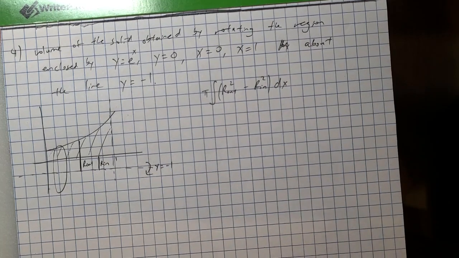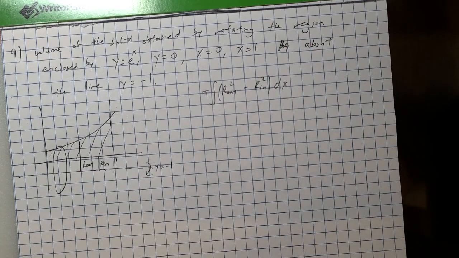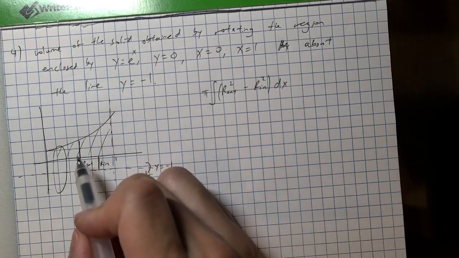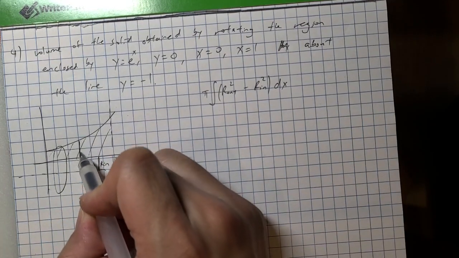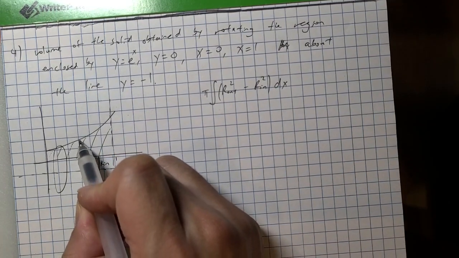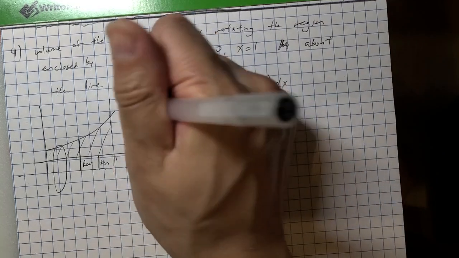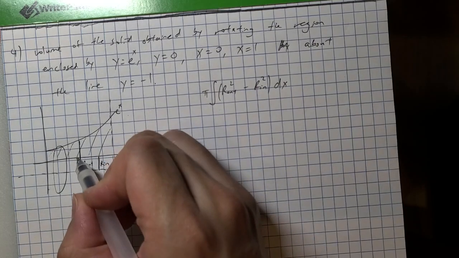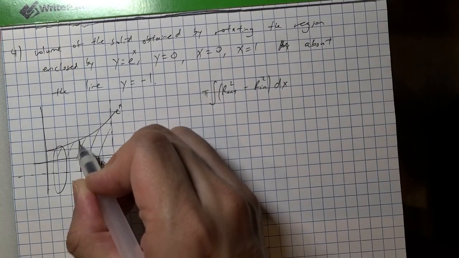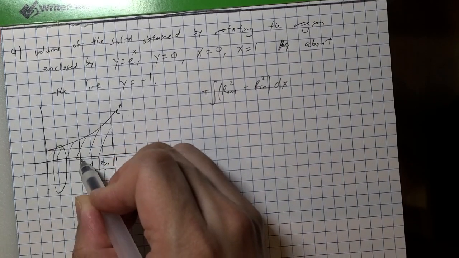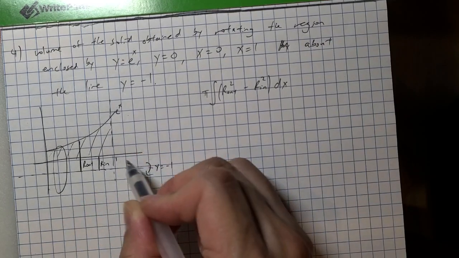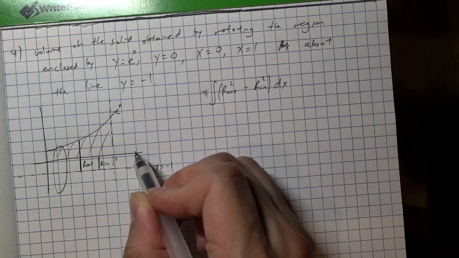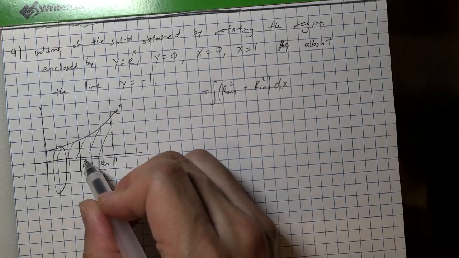So, how to do that? Well, we know that this length from the x-axis to here is the length of e to the x, the exponential. Okay? So we just add on this additional length, which we know is a length of 1, because this is the axis, this is y is minus 1. This is additional length of 1.